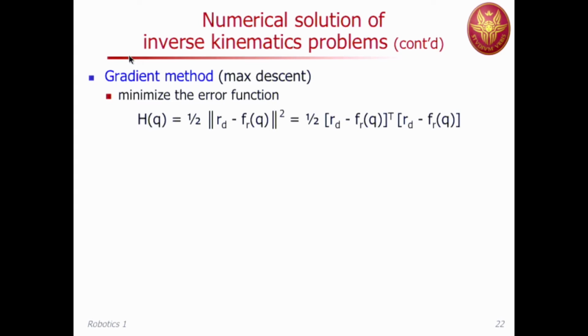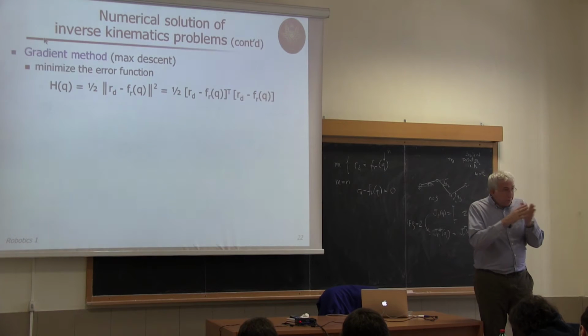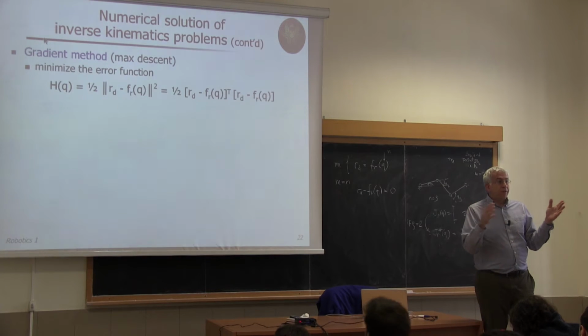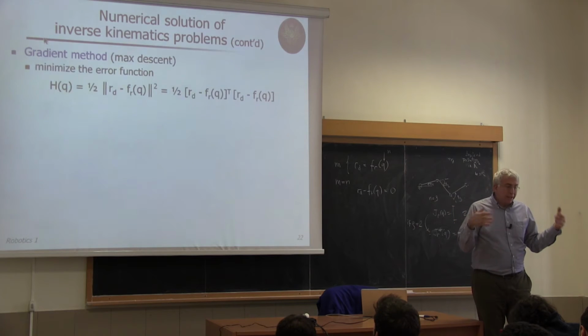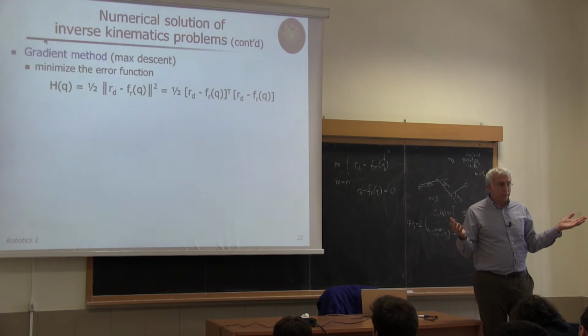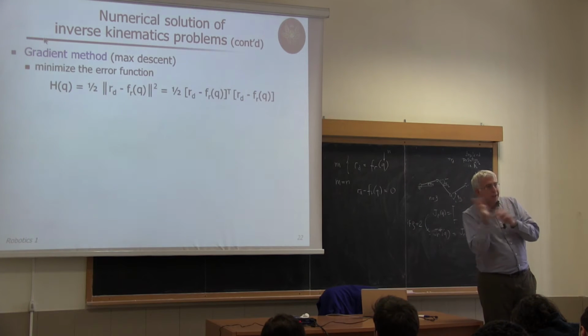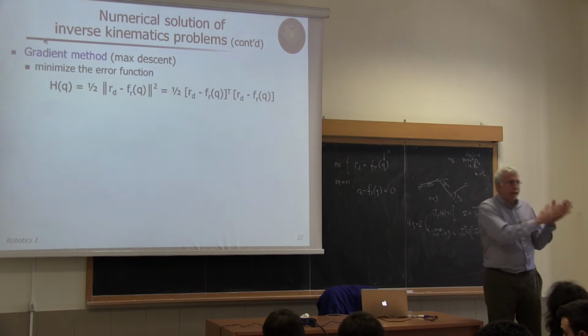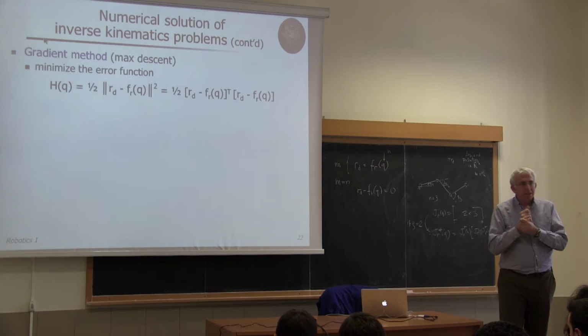The other method is the so-called gradient method or steepest descent. Now, the gradient of a function is the direction along which the function increases. Okay? If you have only a function of a scalar variable, like in the previous case, the gradient is just the direction of either x increasing or x decreasing where the tangent is positive.